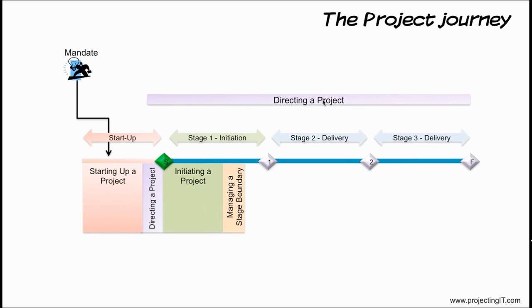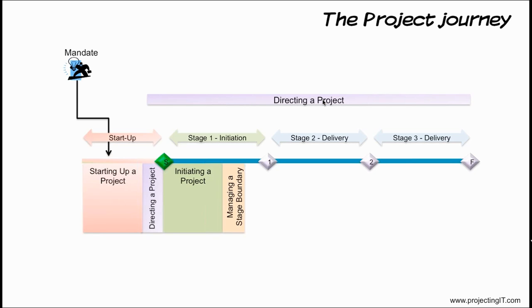It is recommended that stage plans are created just in time, that is, before the stage is about to begin. That way the plans are realistic because the timelines are visible and the resource availability is also accurate. The stage plans are prepared as part of the managing a stage boundary process, which is used by the project manager.